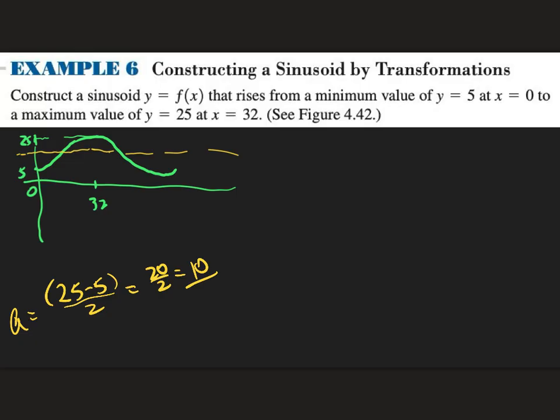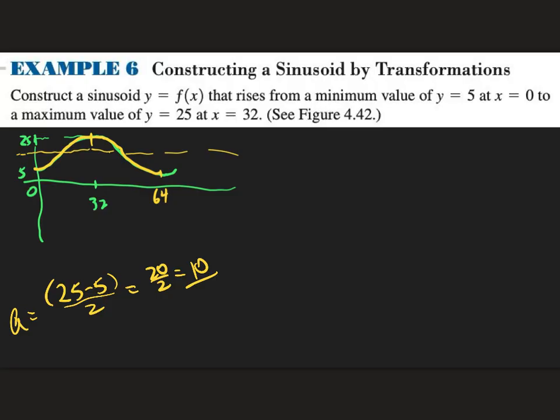And now, the maximum is 1/4 of the period. So we go from our minimum to a maximum and then back down to the minimum. If 32 is halfway between, this has to be 64.